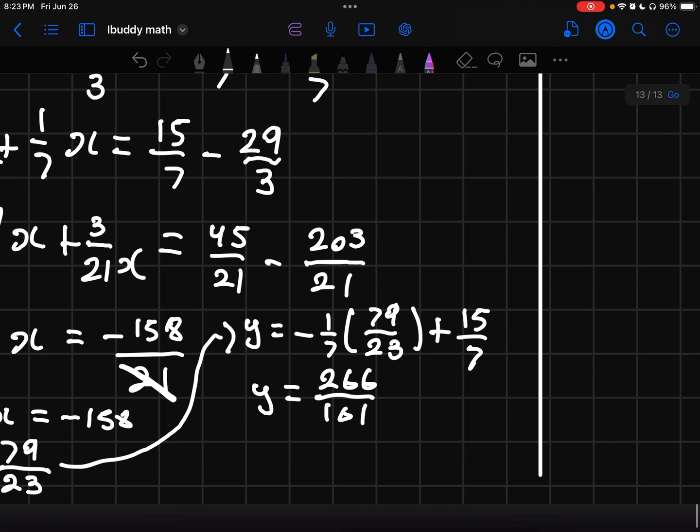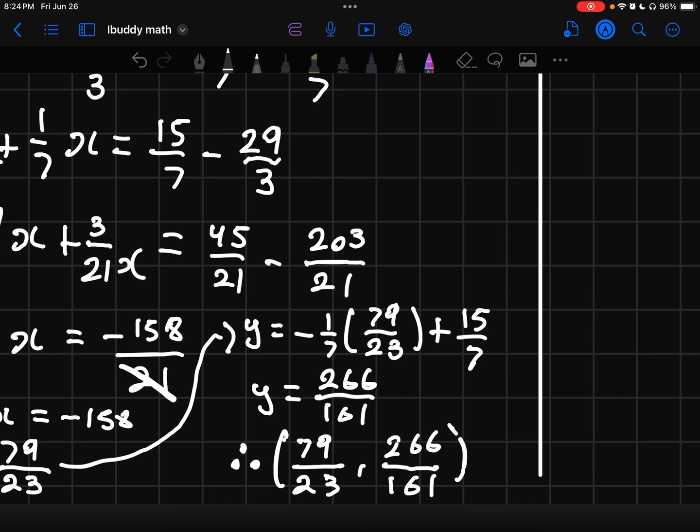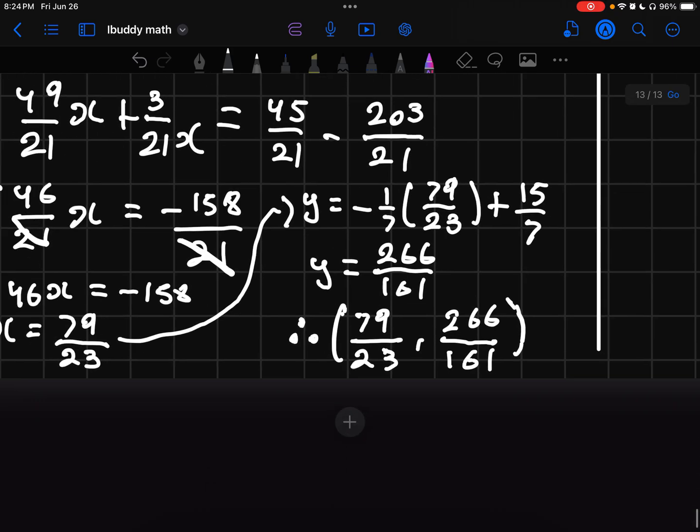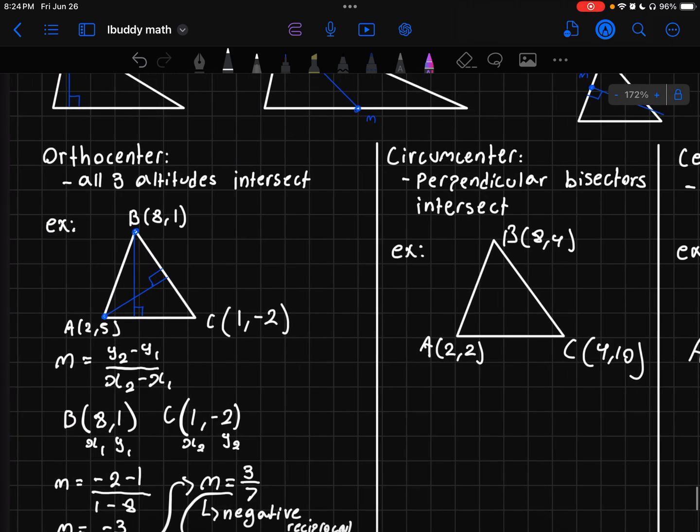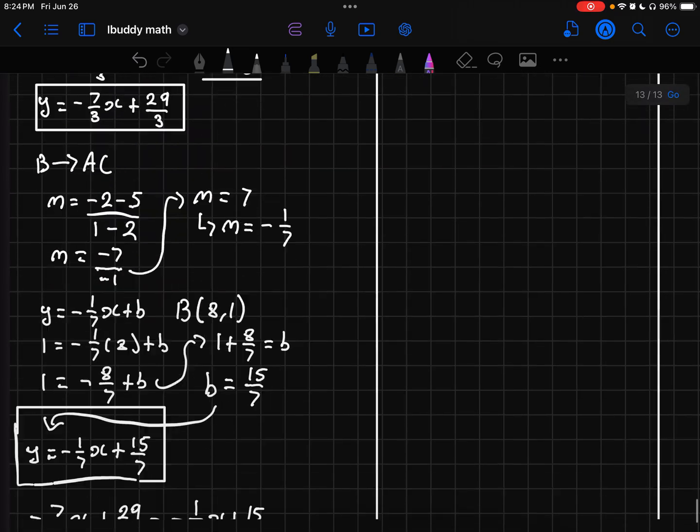So therefore, the final answer here would be 79 over 23, and 266 over 161 is the orthocenter. So this is how you solve the orthocenter.